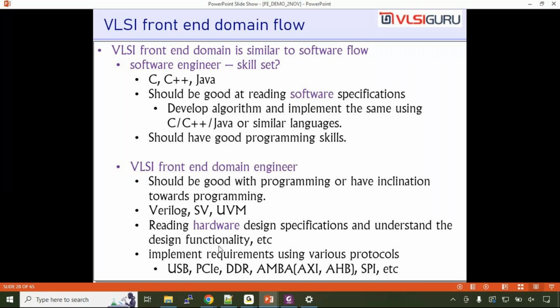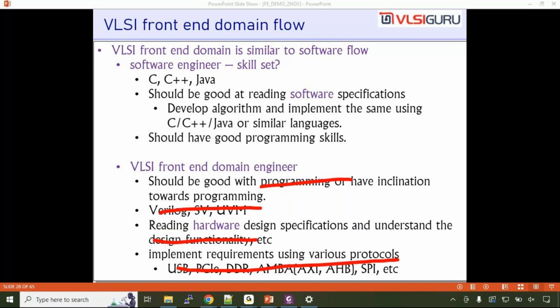People who want to get into front-end domain should be comfortable with some of these protocols. Backend is completely reverse. In backend, no need of this. No need to even understand the functionality. No need of programming. Backend domain requires a completely different skill set.